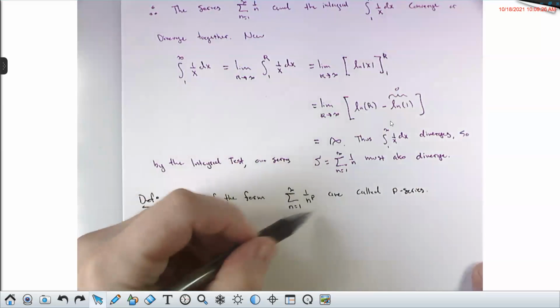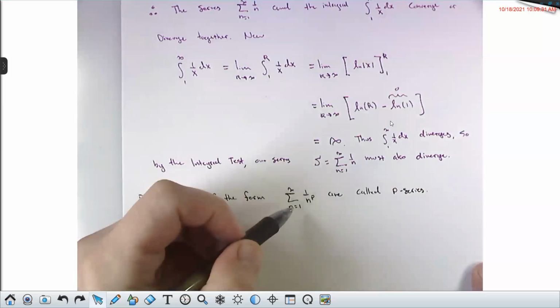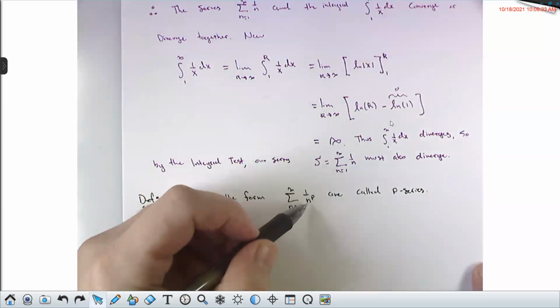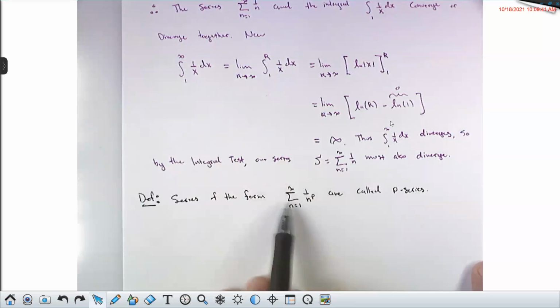If there's anything else going on in here, like some other stuff upstairs besides 1, or some other stuff downstairs besides n to some power p, then that ruins the p-ness of the p integral, or the p series. What makes this a p series is that it's just sigma 1 over n to the p. This n could start at 2 or 3 or 4, it doesn't matter, but the summand has to just be 1 over n to the p.